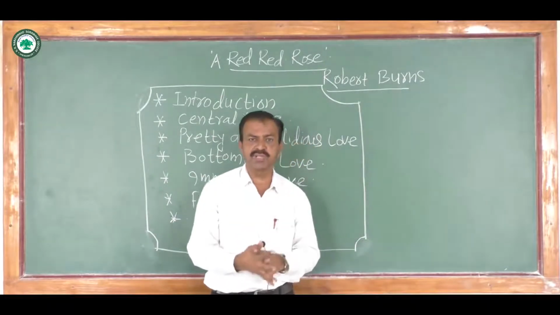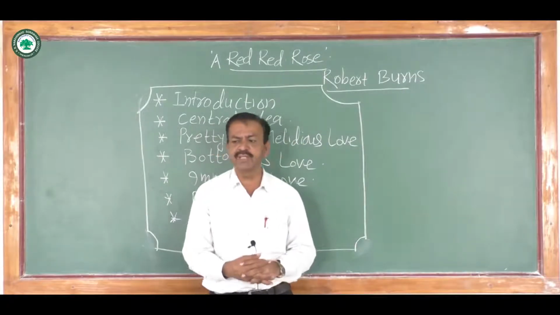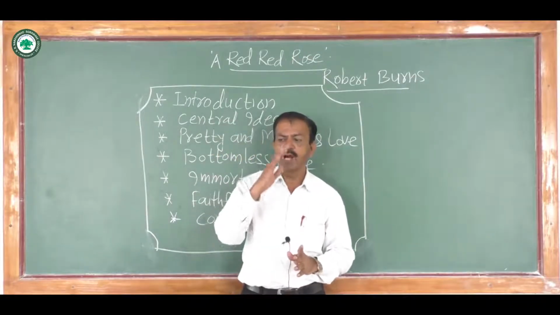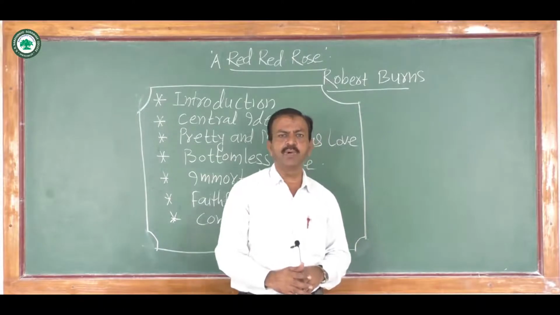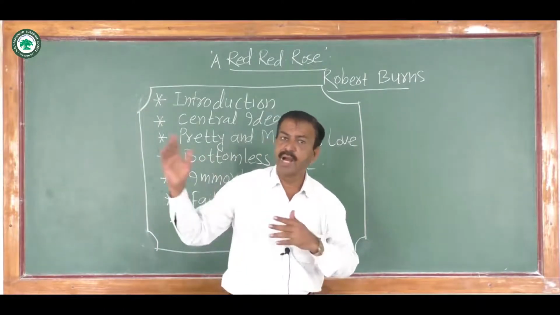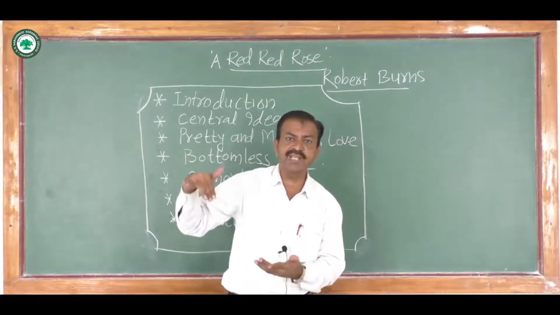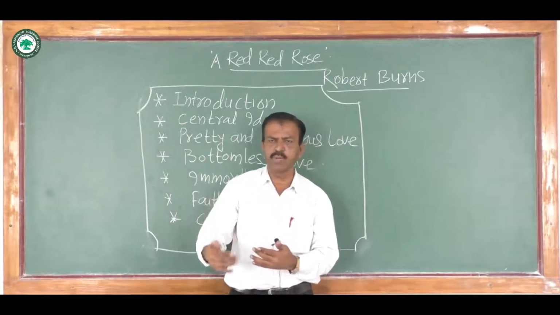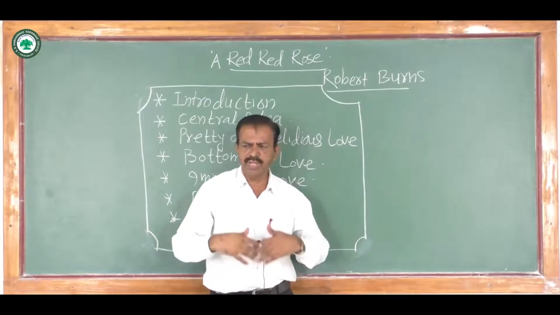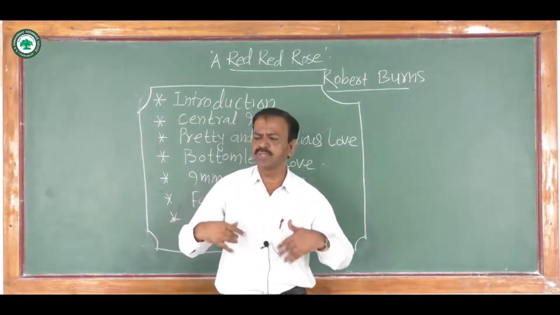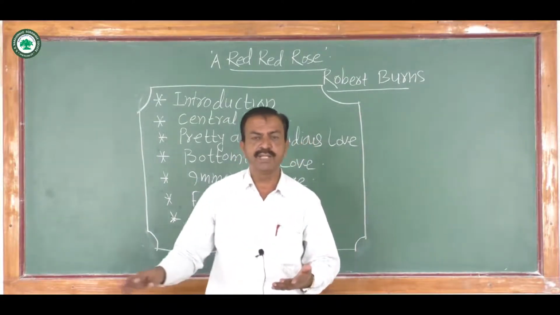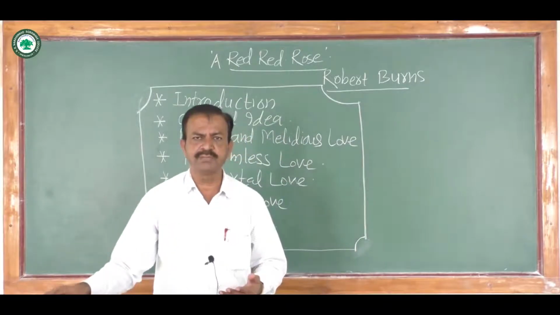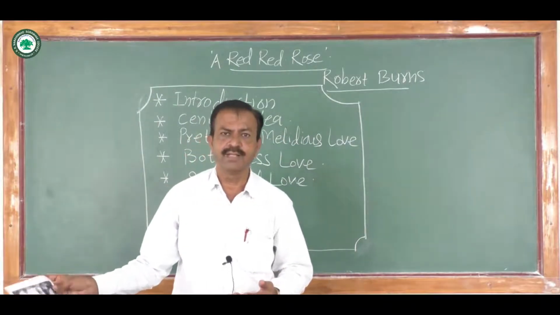But he assures her, and while assuring her, he says, "And I will come again, my love." Not "I shall", but "I will come again, my love, though it were ten thousand miles." It means he never bothers about the distance.